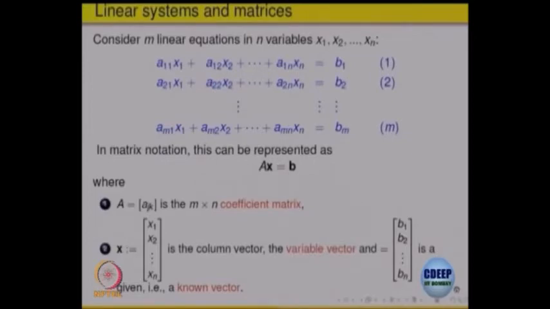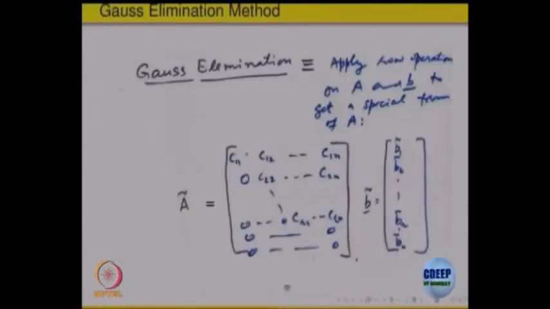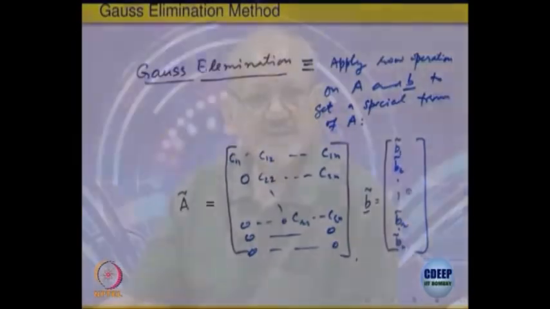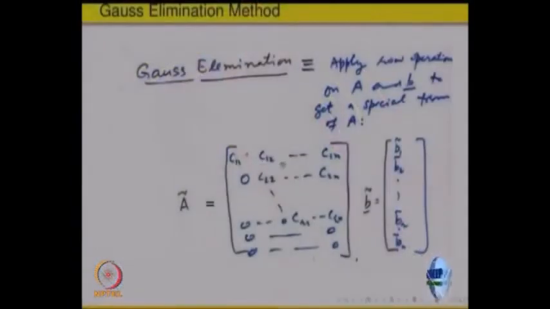The idea of writing in the matrix form is we are not really concerned with this x, we are only concerned with A and b when we apply elementary transformations. The Gauss elimination method says that the coefficient matrix and the vector b, after those elementary row operations, get transformed into matrices of this type. A gets transformed into something like C11, C12 and so on, and there are some bottom rows which are equal to 0.